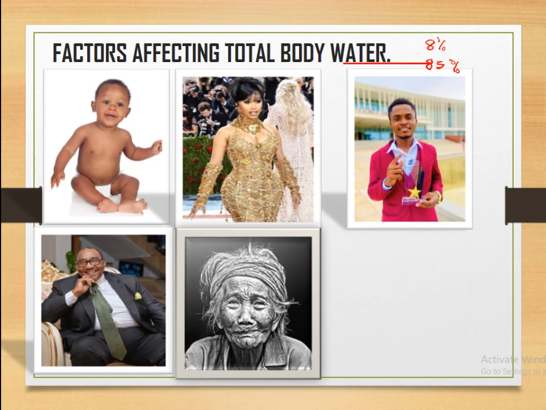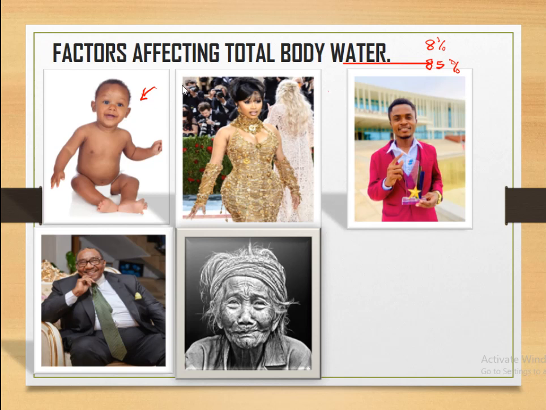The amount of water in the body of a human being varies according to the age, the diet, and the body size. For example, of all these five people, this baby has a lot of water in it.